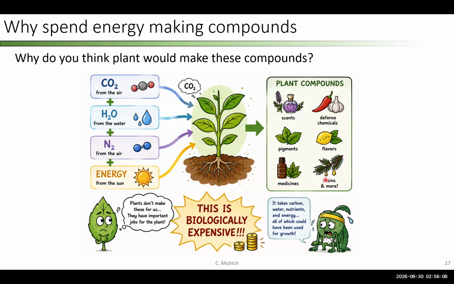So why, when this transformation takes a lot of machinery, right? So why do plants want to do those, or why do they do that? Why not just put all of their energy into making glucose and proteins? Why make all of these other things?